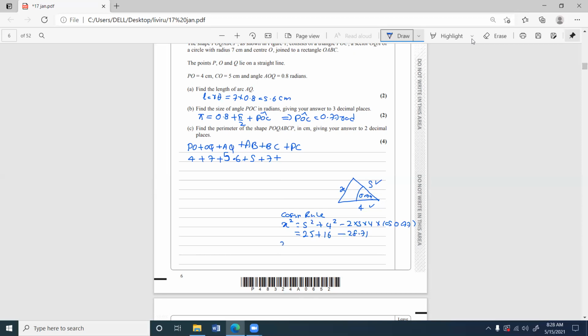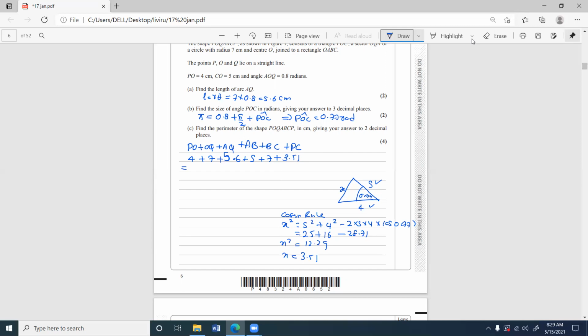So x squared equals 25 plus 16 minus 28.71, that is 12.29. Then x equals the square root of that answer, which is 3.51.